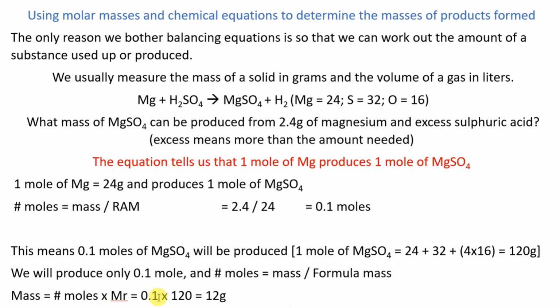We will produce only 0.1 mole, and moles is mass over formula mass. Mass, therefore, is number of moles times MR, 0.1 times 120, 12 grams.